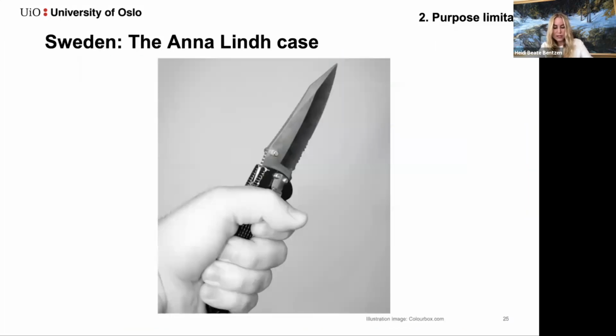However, looking across the border to Sweden, there was a case in which the former Minister of Foreign Affairs, Anna Lindh, was murdered, and the biobank acceded to the police request without a court order and handed out samples of a named suspect who turned out to be the actual killer.